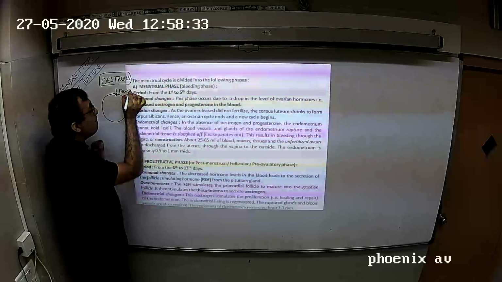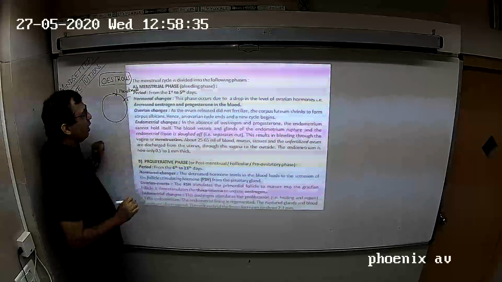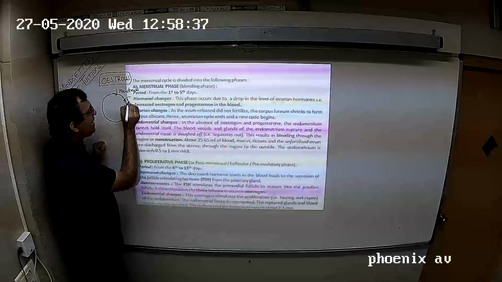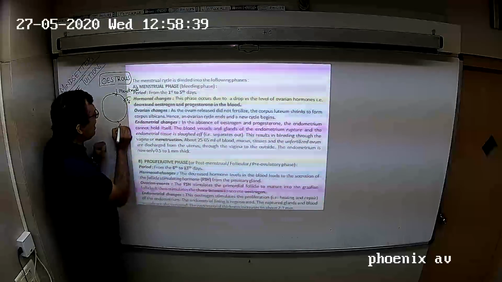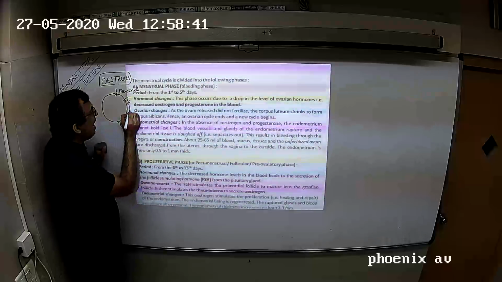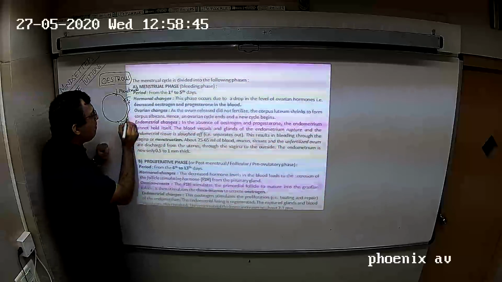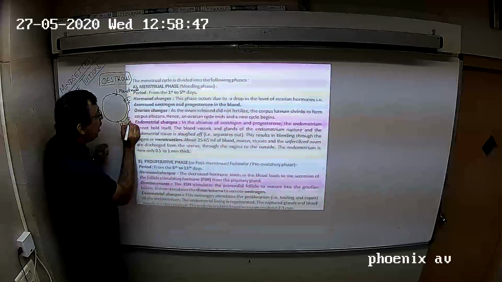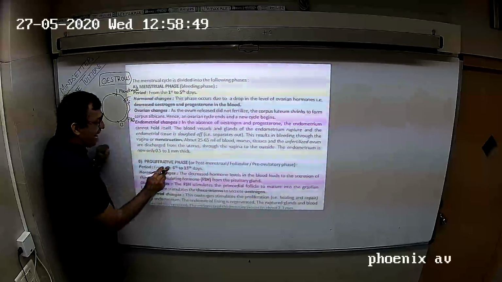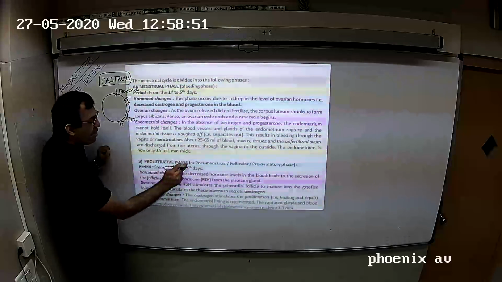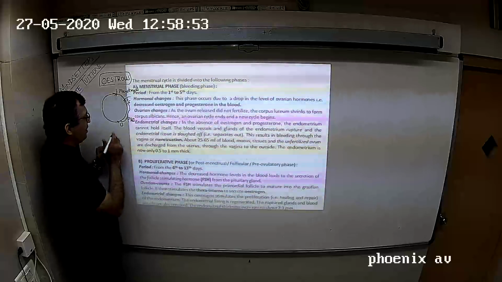The menstrual phase. From day 6 to day 13 will be repair of the endometrium, and repairing is called the proliferative phase. Repair phase is called proliferative phase.